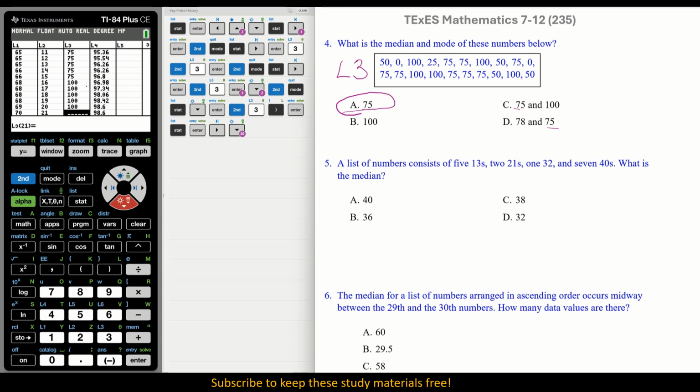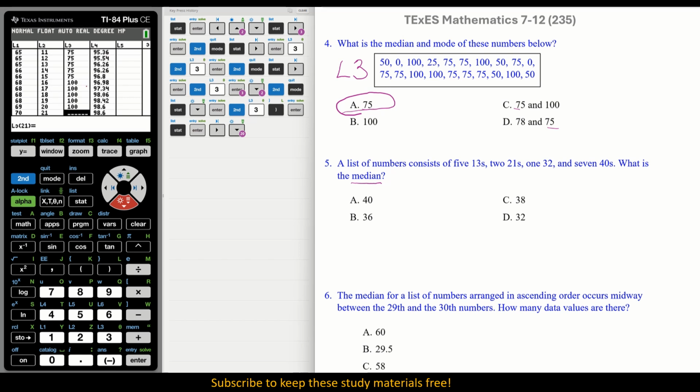A list of numbers is number 5. A list of numbers contains 5 13s, 2 21s, 1 32, and 7 40s. What is the median? Don't list all those out.